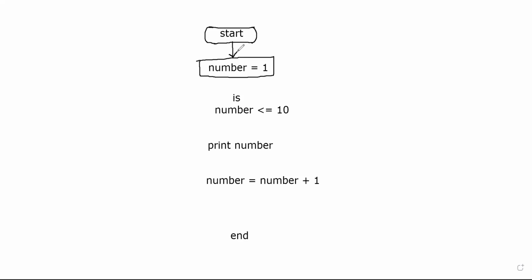So you initialize with 1. Then once you do this, you are going to print that number, for example, then it will print 1. And once you print 1, you are going to increase number by 1. So which means, again, rectangle shape. So we increase by 1.